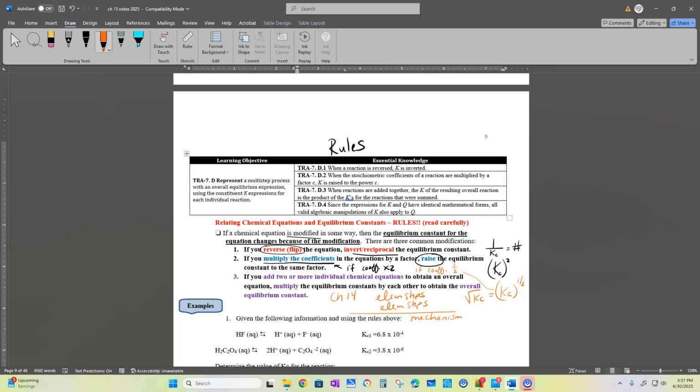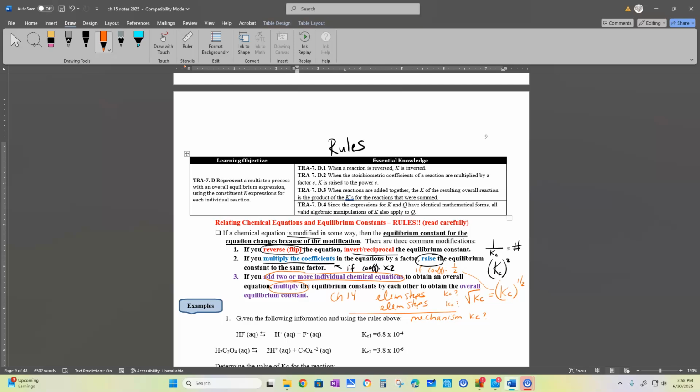Absolutely. But the question is, what happens to these K values to get the mechanism? So step number 3: if you have 2 or more elementary steps, you add up the reactions. But since you add up the reactions, what do you do to the Ks?